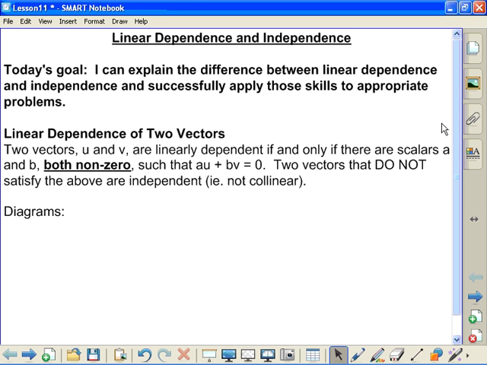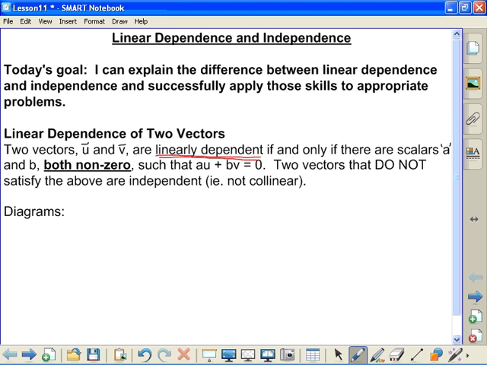So, linear dependence of two vectors. Two vectors called u and v are linearly dependent if and only if there are scalars a and b. This is not the word a.